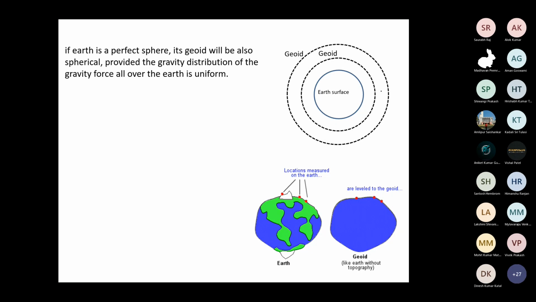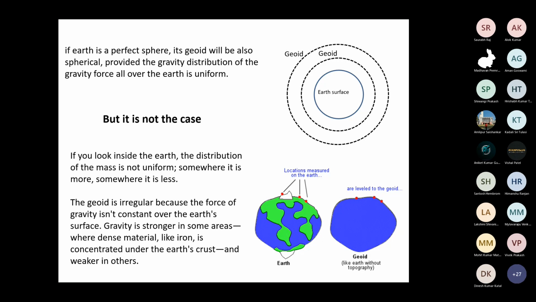So the geoid will always be a sphere. But it is not the case. You all know that inside the Earth, the distribution of mass is not uniform. Somewhere it is more, somewhere it is less. The geoid is irregular because the force of gravity isn't constant.